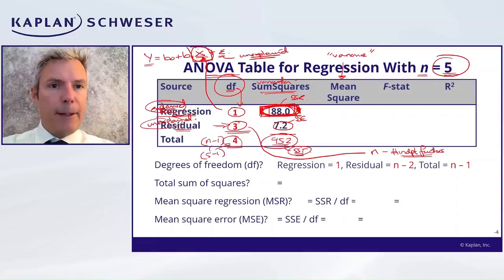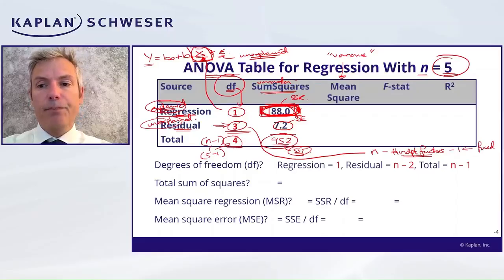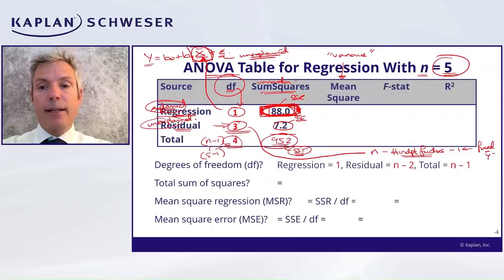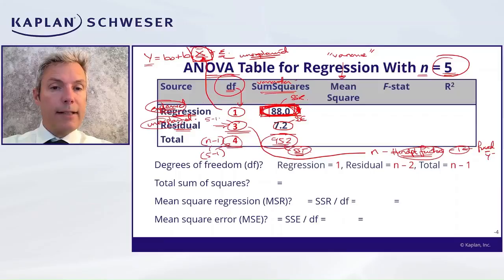We fixed 1 x bar, and that removed a degree of freedom. We do that for every independent factor that we've used. We also take off 1 as well because we fixed y bar. So technically the number of degrees of freedom of the residual is n minus the number of independent factors minus 1.